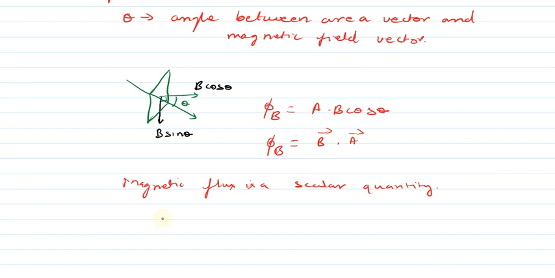And the unit of magnetic flux will be, from B A cos theta, magnetic field has the unit Tesla and area has the unit meter square. So the unit of magnetic flux will be Tesla meter square, and we also say it Weber.